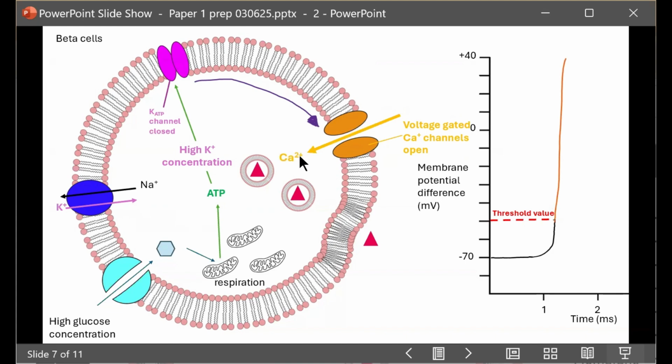Now, the calcium flooding in causes these vesicles with the hormone, in this case insulin, to move towards the membrane. And when they move towards the membrane, that results in exocytosis of the insulin out of the cell. So we have secreted the insulin out of the cell so that we can then have our blood sugar levels brought back down.